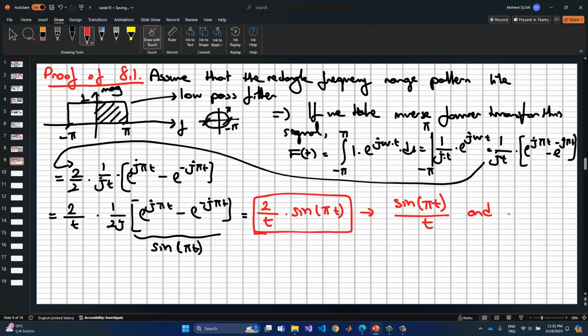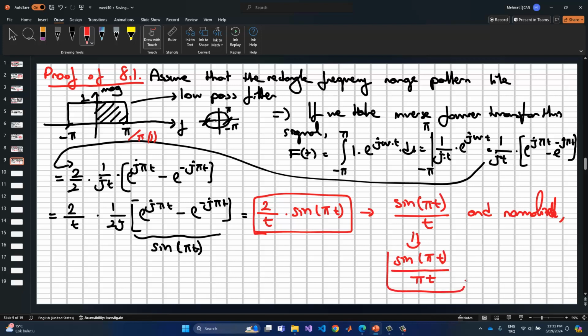And if we normalize our signal, because we have pi here, we need to divide by pi, and pi divided by pi equals 1. This is the normalized frequency for a given cutoff of 1.